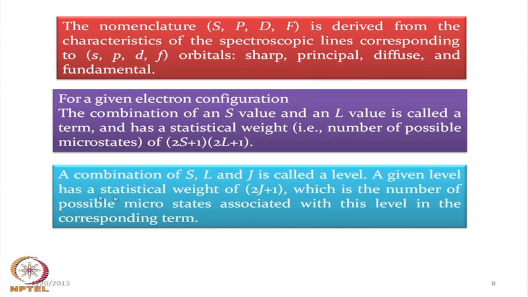A given level again has a statistical weightage of 2J plus 1, which is the number of possible microstates associated with this level in the corresponding term. So, if we have one particular J value such as J equal to 1, we can have 2 into 1 plus 1, that means 3 different levels for the J values.